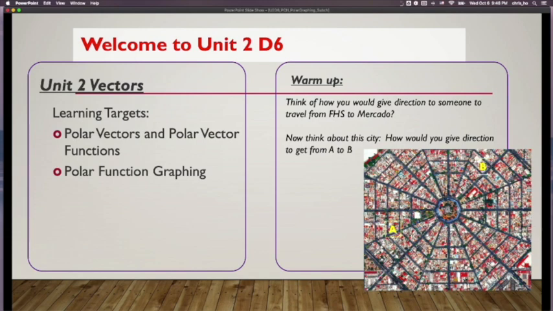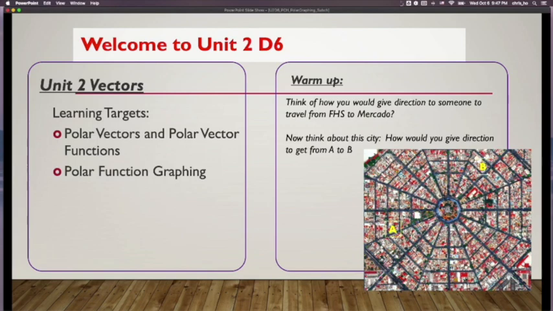You probably have to say something like, from point A, you want to travel towards the center of the city. And once you're at the center of the city, you're going to have to pick one of those roads that radially go outwards, and you have to describe one of those roads, whether it's heading northeast, north of northeast, exactly northeast.